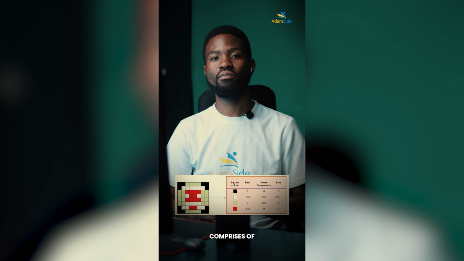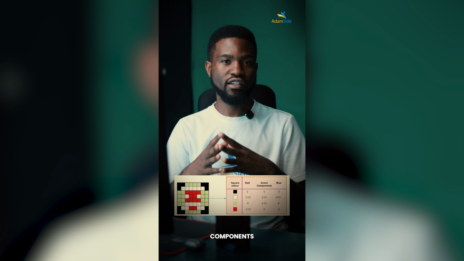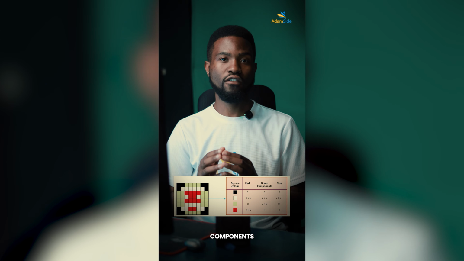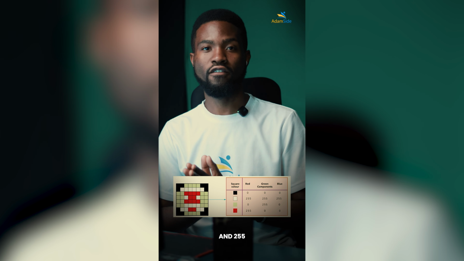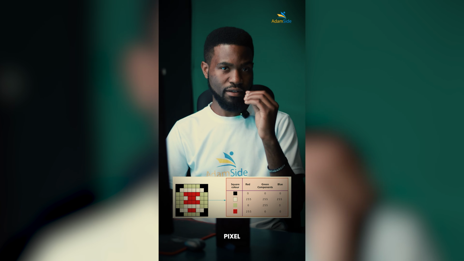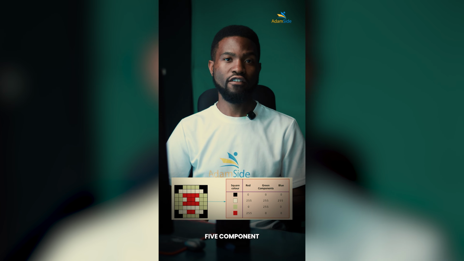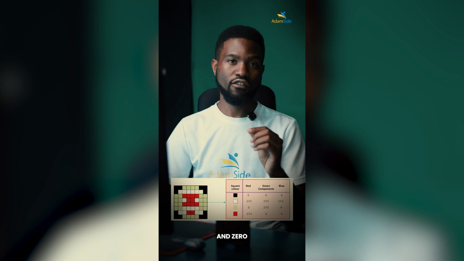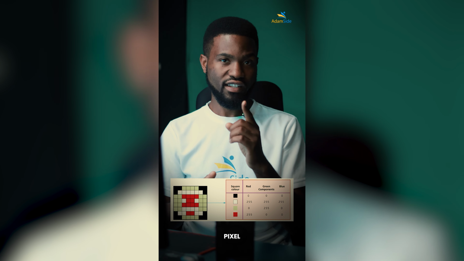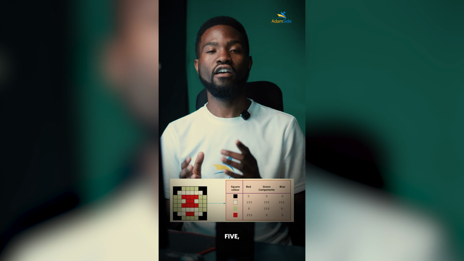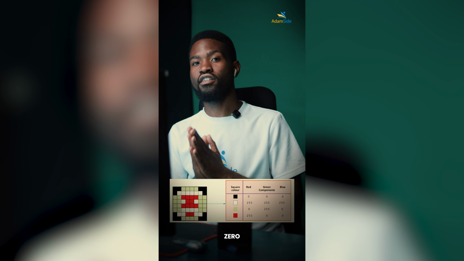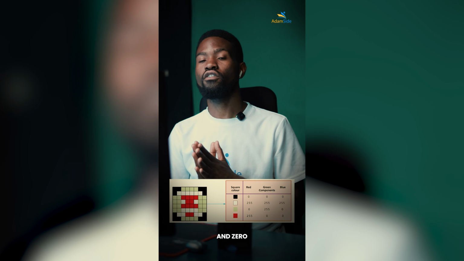A white pixel comprises 255 of red, 255 of blue, and 255 of green. A green pixel comprises 0 of red, 255 of green, and 0 of blue. A red pixel comprises 255 of red, 0 of blue, and 0 of green.